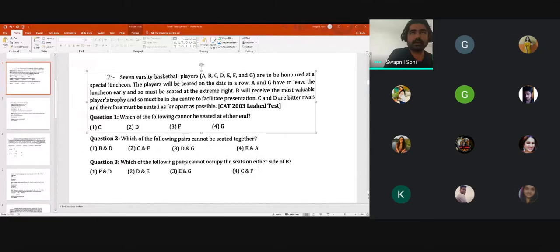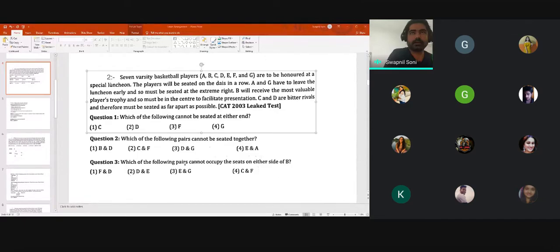My assumption is just look at yourself facing the screen. So your right is right and your left is left. So A can be here and G can be here, or G here and A here. Either is possible because they haven't mentioned where A and G are sitting. They just said they should be at the extreme right.